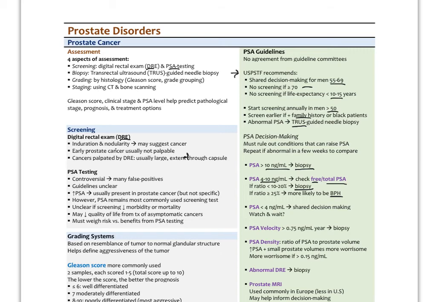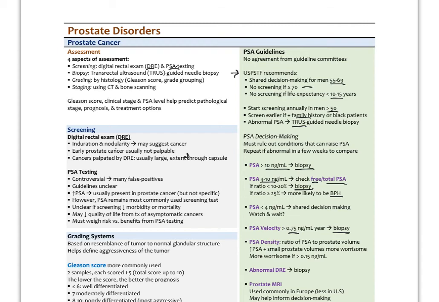Now, the next thing I'm going to look at is PSA velocity. So we're going to recheck that PSA usually twice a year. And if we see a rise of 0.75 nanograms per milliliter a year, that's indicating a more rapidly growing prostate, and that's going to be a prompt for biopsy as well.